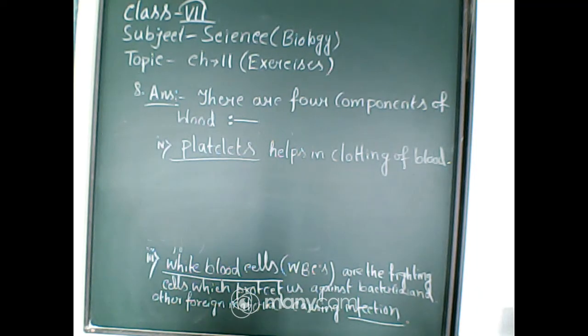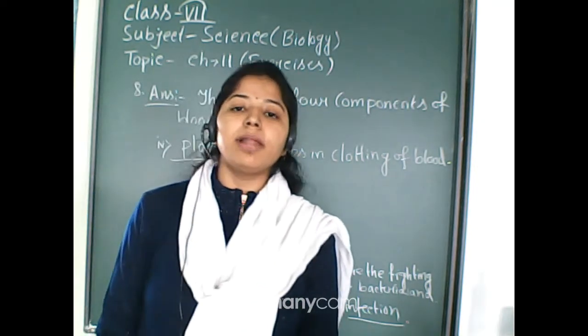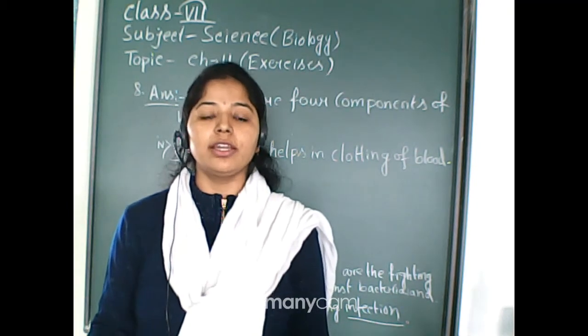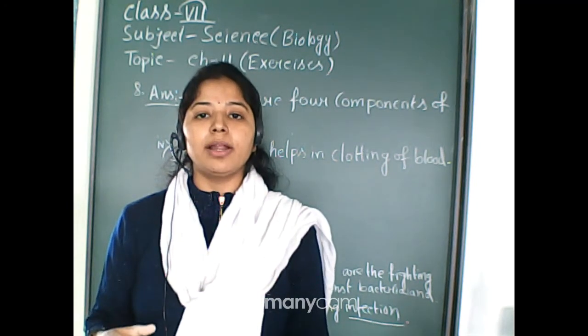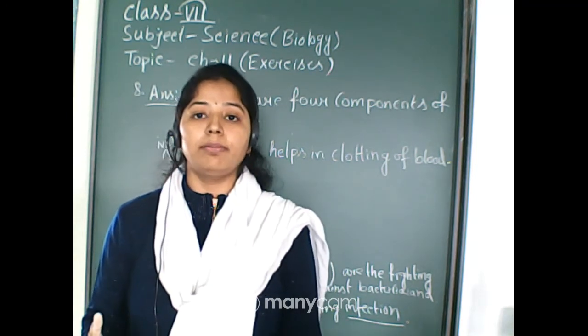As you know, if there is no platelet, then blood will not clot, as platelets release blood clotting factor at the site of injury, that is known as blood clot. Some chemical is released from the site of injury that helps to clot the blood, and that also helps in preventing extra loss of blood from our body.